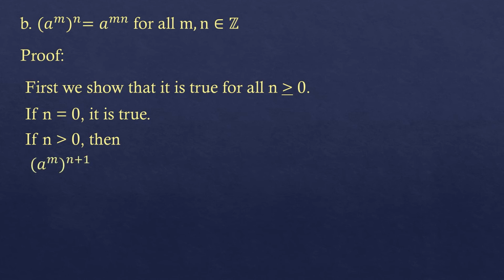We are going to add 1 for n, again because it's greater than 0. So we are making sure that it's more than 0. So we add 1. Then it will be like this. We are going to expand the a to the power of m, since it's n plus 1. So it's the same as a to the mn and a to the power of m. Then we combine m and n. Then we combine again, since they have the same base a, so we can combine exponents mn plus m.